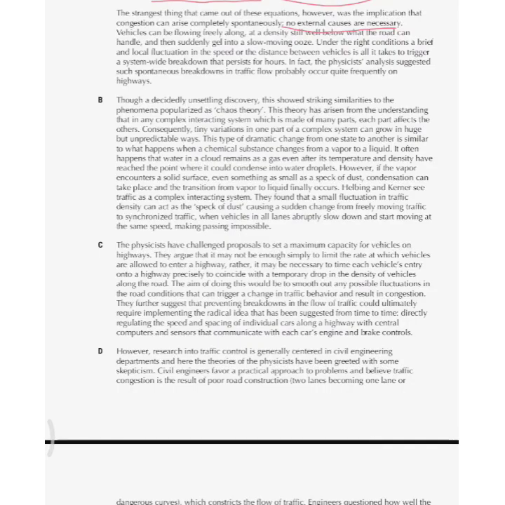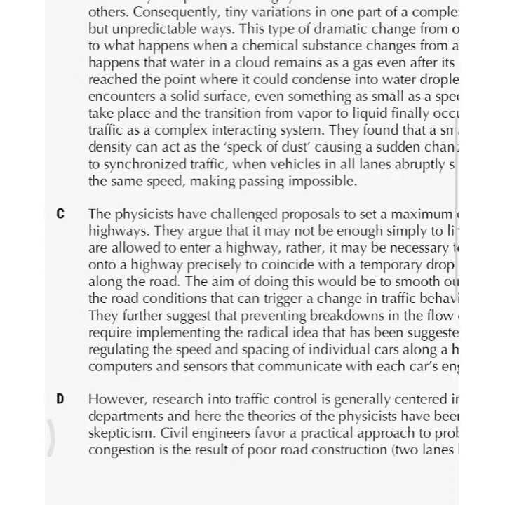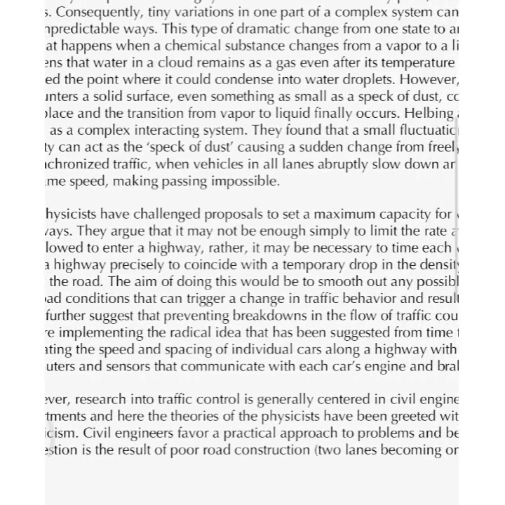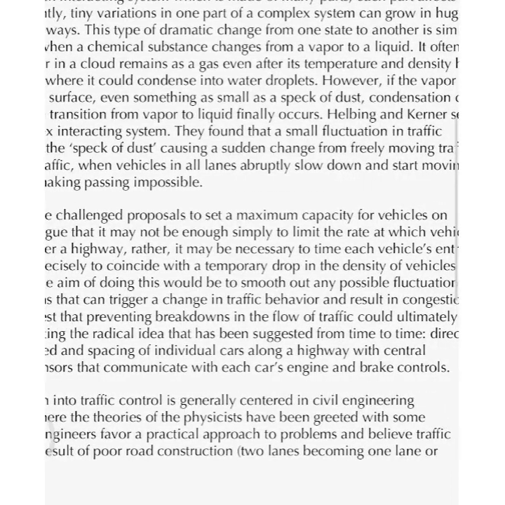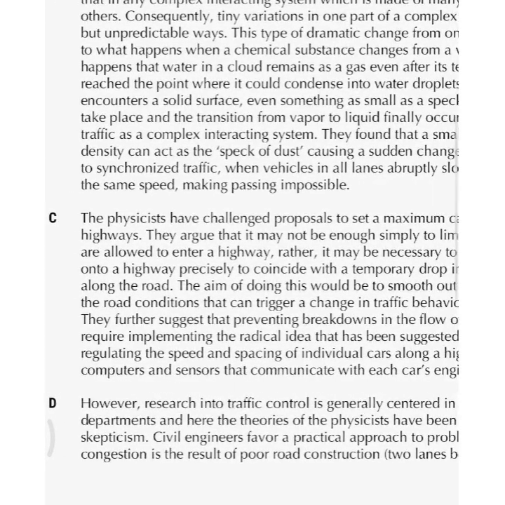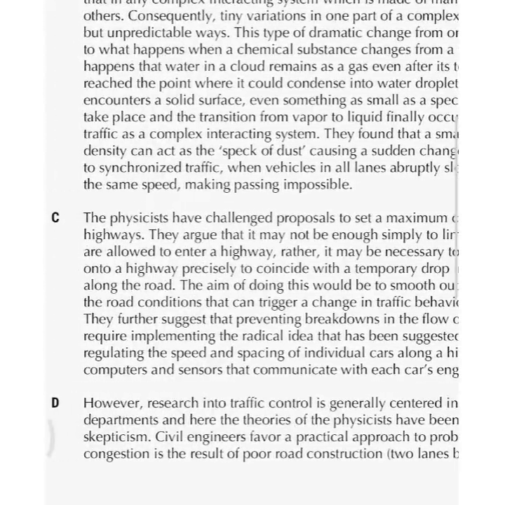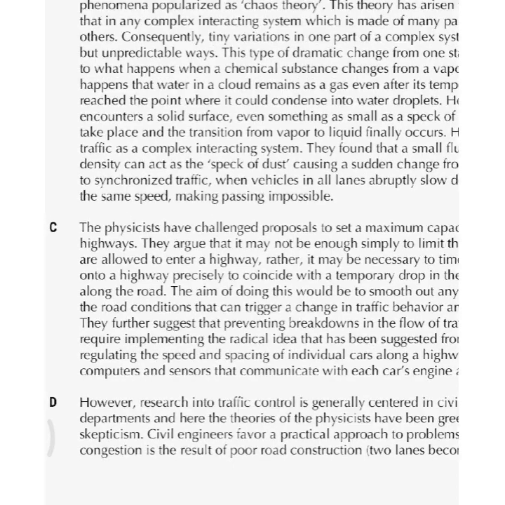The physicists have challenged proposals. Let me zoom it for you guys. The physicists have challenged proposals to set a maximum capacity for vehicles on highways. They argue that it may not be enough simply to limit the rate at which vehicles are allowed to enter a highway. So they are telling us about the number of vehicles that are allowed to enter a highway.